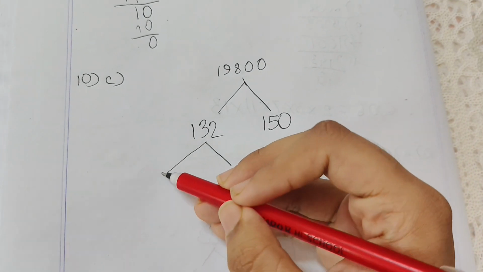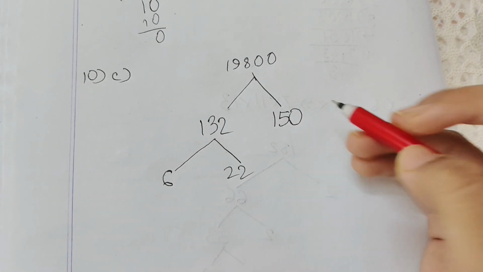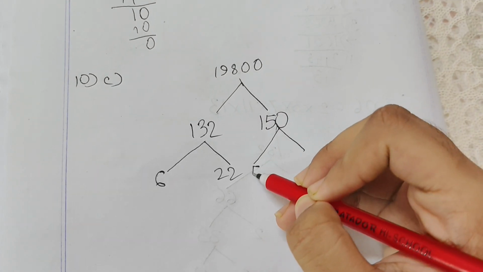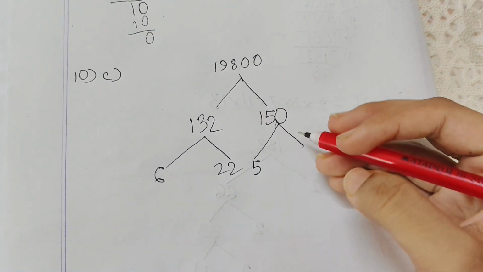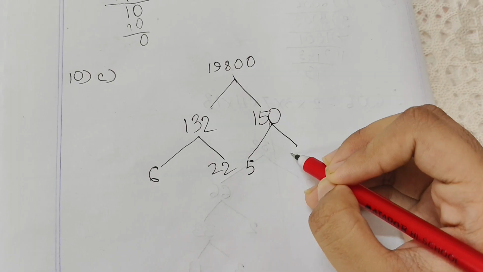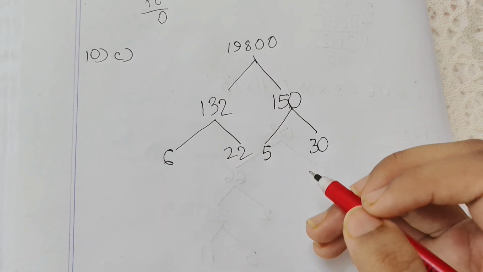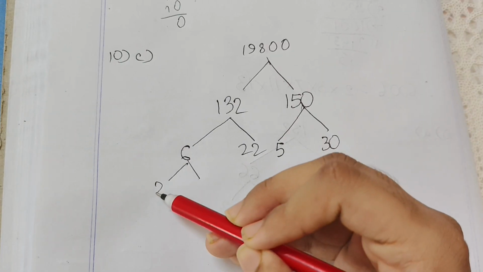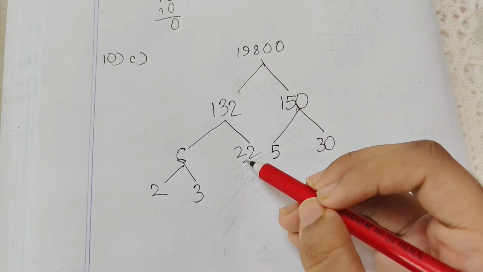132 we can divide by 6 to get 22. And for 150 we can divide it by 5 to get 30, I think. Yes, 30. Now 6 can be divided by 2, which gives us 3.